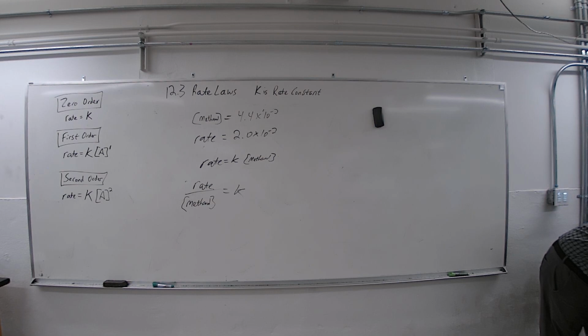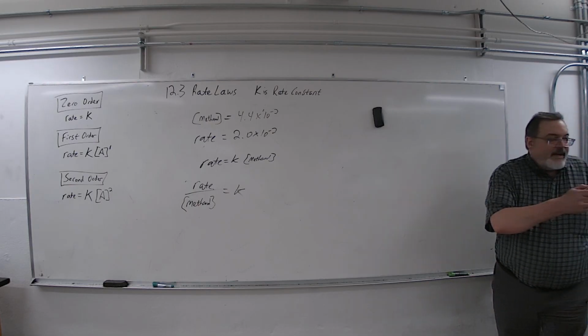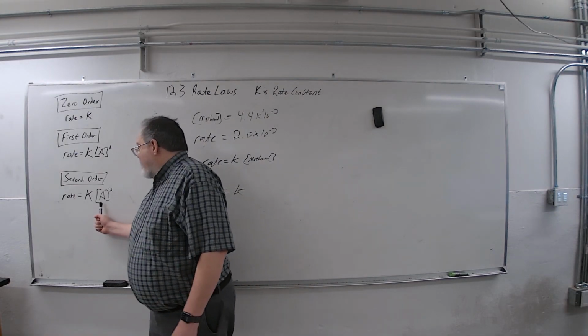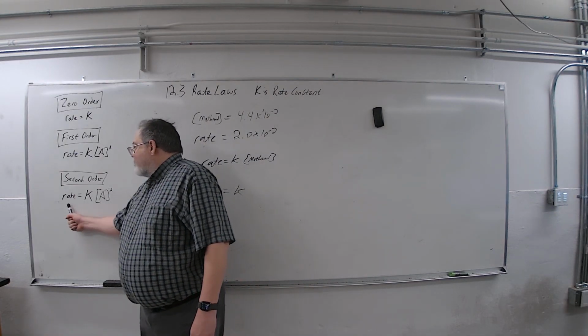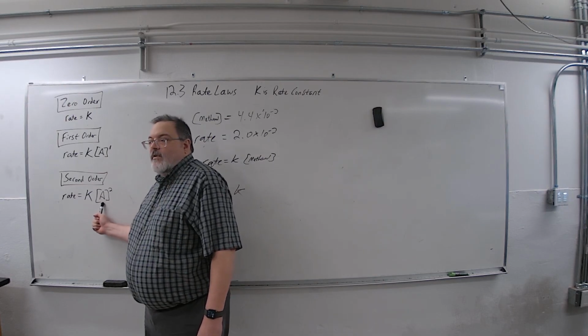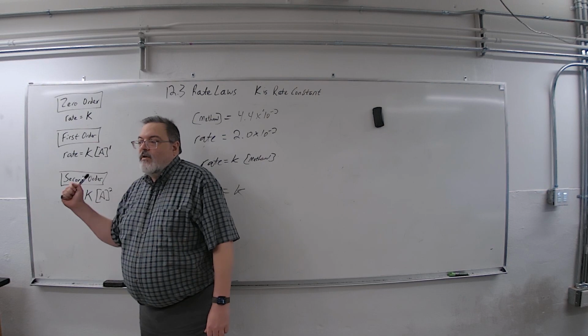What is it? 4. So the rate goes up by a multiple of 4. The concentration goes up by a multiple of 2. So which one is it, zero, first or second? Second one. You follow that? This went up by a factor of 4, while this went up by a factor of 2. So that means we're in second order.